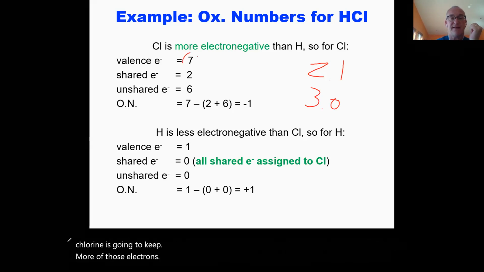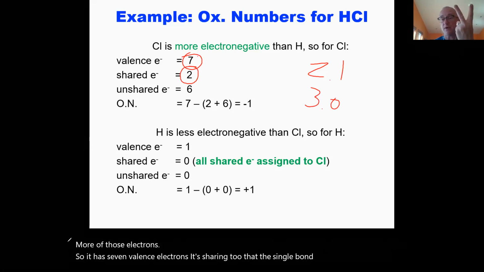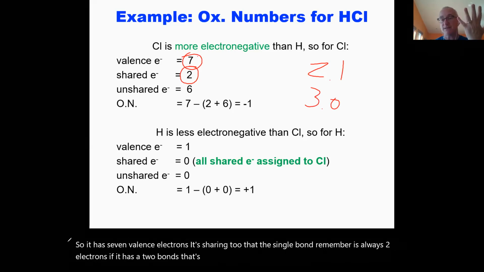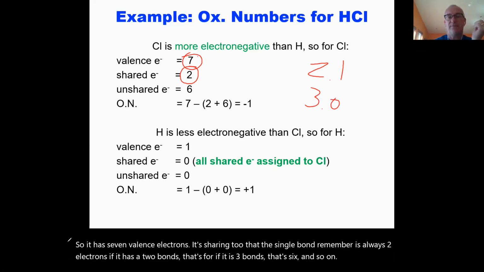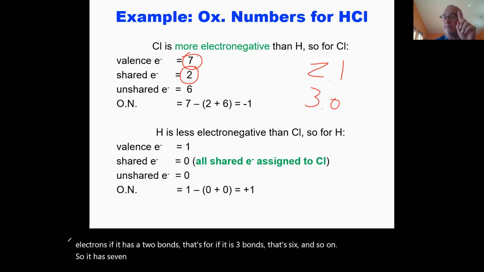So it has 7 valence electrons. It's sharing 2. That's a single bond, remember, is always 2 electrons. If it has 2 bonds, that's 4. If it has 3 bonds, that's 6, and so on. It's sharing 1 of its 7, and so it has 6 that it keeps to itself.